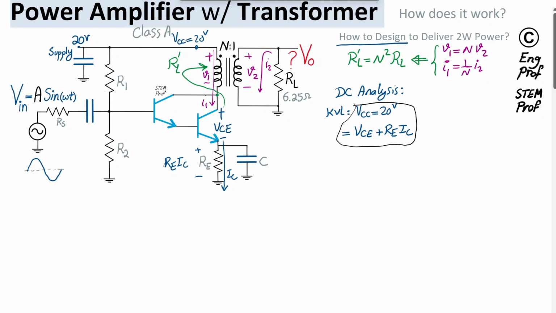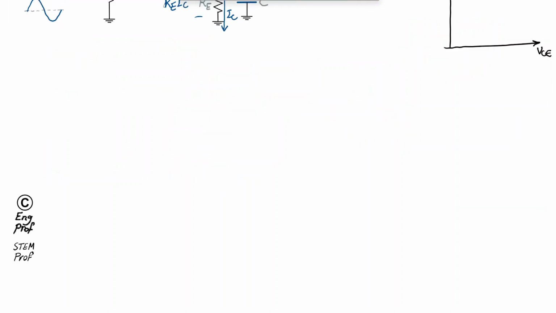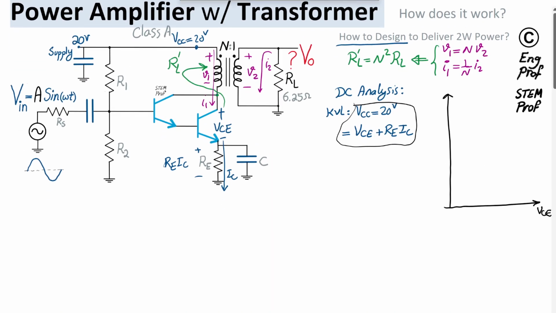I can draw it like this. So on the y-axis, I have the current IC. On the x-axis, I have the voltage of collector-emitter of the transistor. So collector-emitter of the transistor, and then I have the current of the collector. So if I draw, let's say, the DC IV characteristic, it would be like this.